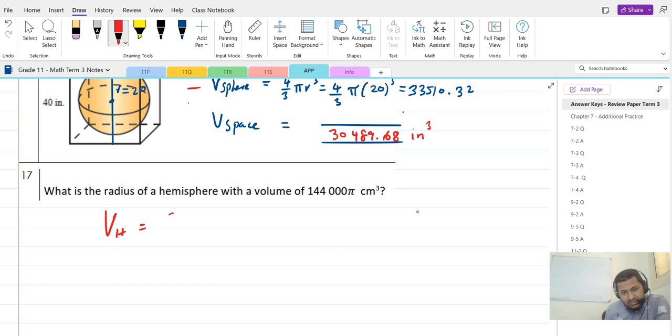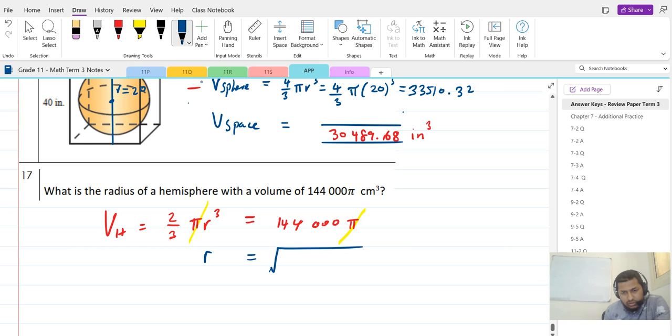Volume of hemisphere is 2 over 3 pi r cubed. And we already know that this answer is 144,000 pi. So we can cancel out the pi on both sides. Take 144,000 and divide it by 2/3 and then take the cube root. So r is equal to the cube root of 144,000 divided by 2/3.